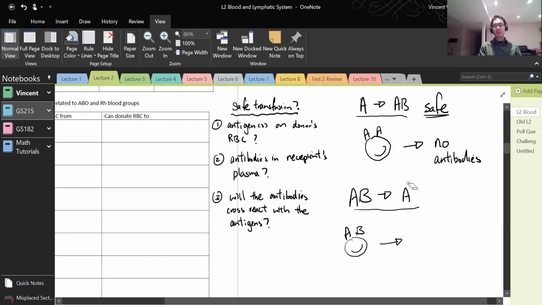If you have type A blood, then you're going to make antibody that would attack something that you don't have, and you don't have B, so you're going to make anti-B antibodies. When you go ahead with the transfusion, these anti-B antibodies will attach to anything that has a B on it. So they will attack and destroy all the incoming cells. Therefore, this is not safe. Does that make sense?